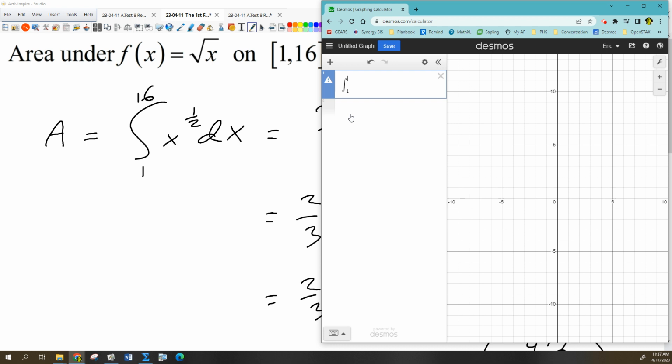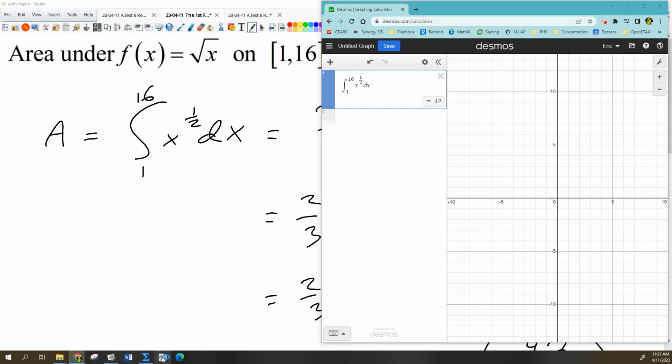From 1 to 16 of, now you got to make sure you're putting this inside the integral or it won't give you a good answer. X to the 1/2 dx, whoops, got to get out of the exponent, dx, there it is. Okay, now look. So it is 42. It's foolproof. 42. Okay, make sense? That's how we do it in Desmos.